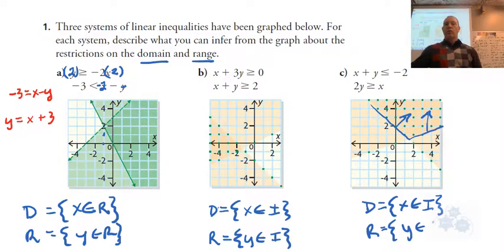I would be okay with the range could be whole numbers, could be natural numbers, but just to be safe, we say that it could be integers. We know for sure it's not all real numbers. Because again, the feasible region is not down here, so we can't tell from this graph if they're allowed or not for the Y.